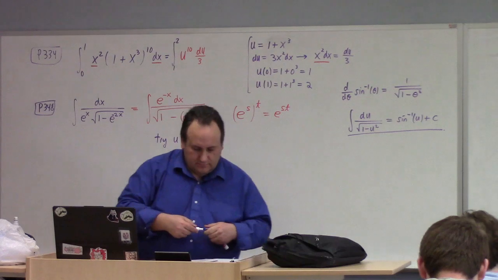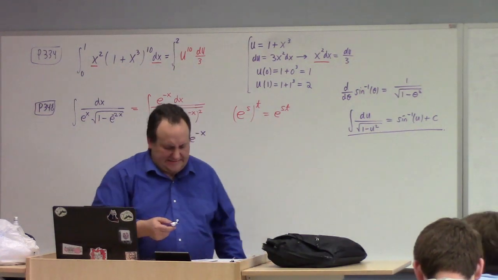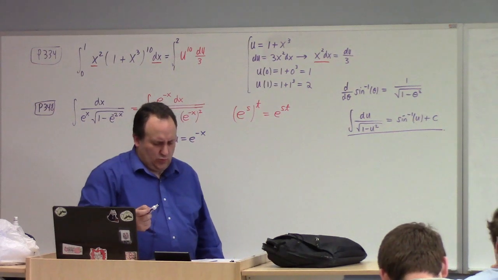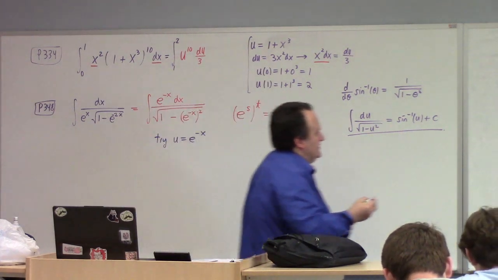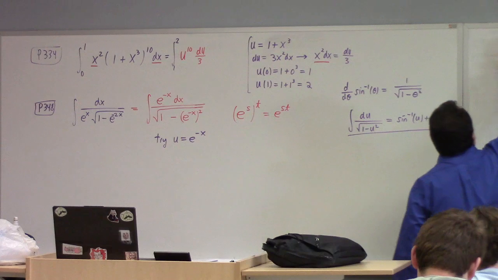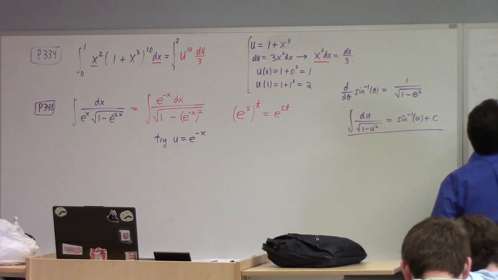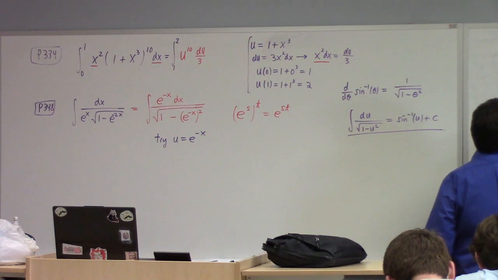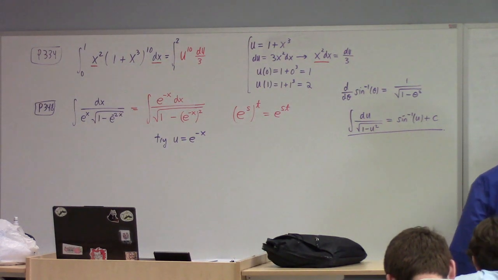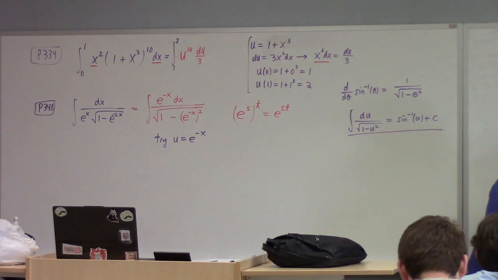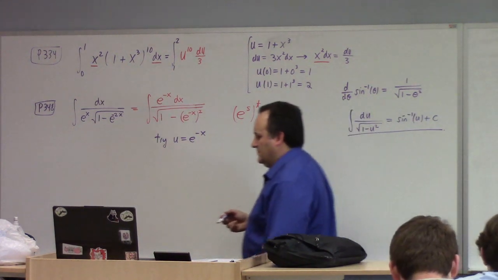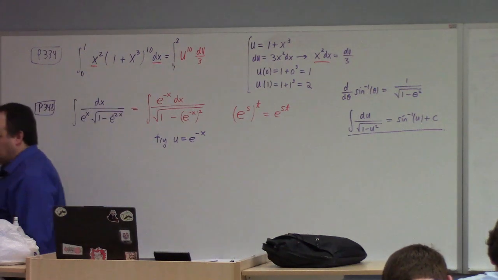51. Ooh. x to the 5th over 1 plus x to the 12th dx. Huh. All right. Well, what's that?